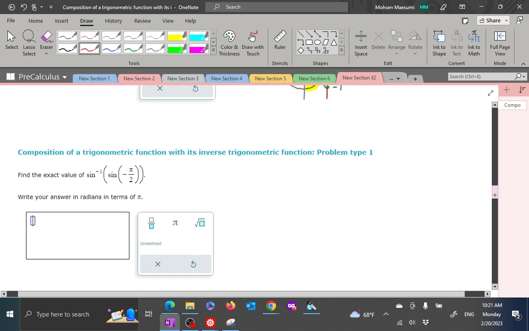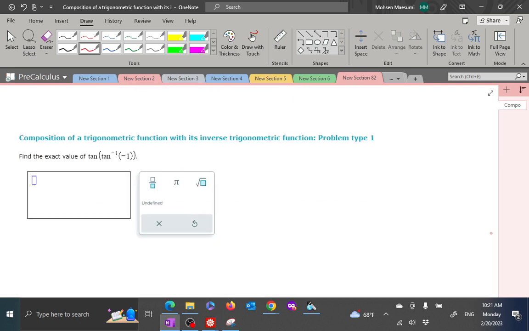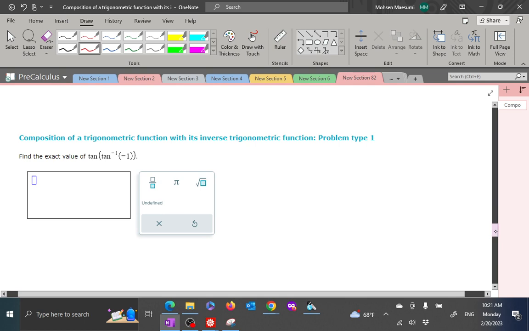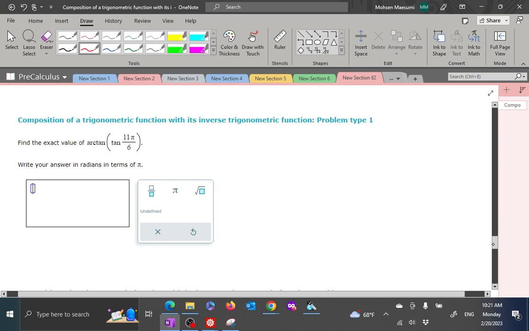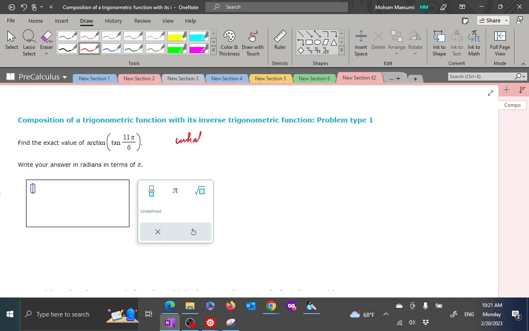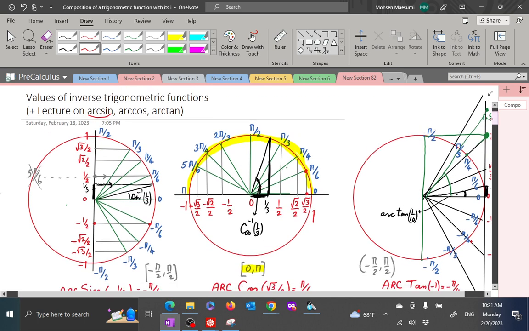Let's go ahead and do another tangent, a tangent inverse. Let's do this one: arctangent of 11 pi over 6. So again, what angle, okay, here's a crucial restriction. For tangent, we are insisting that we have to be in this range of numbers.